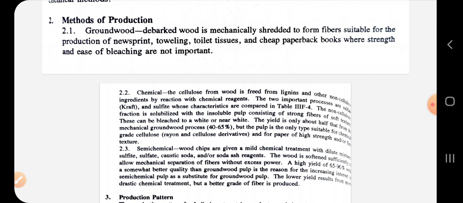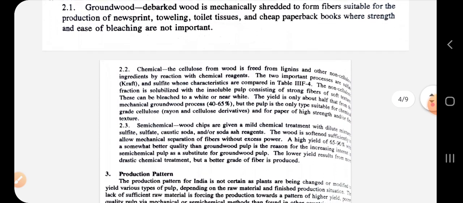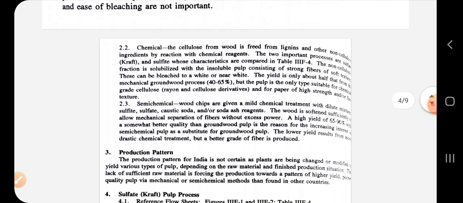Even after pulp is manufactured, some processing has to be done, such as bleaching, in order to make it consumable. And typically this process gives around 40 to 65% yield as compared to the mechanical processes.